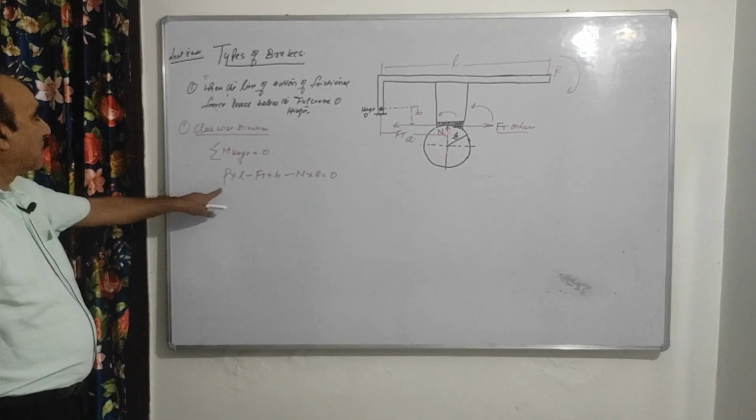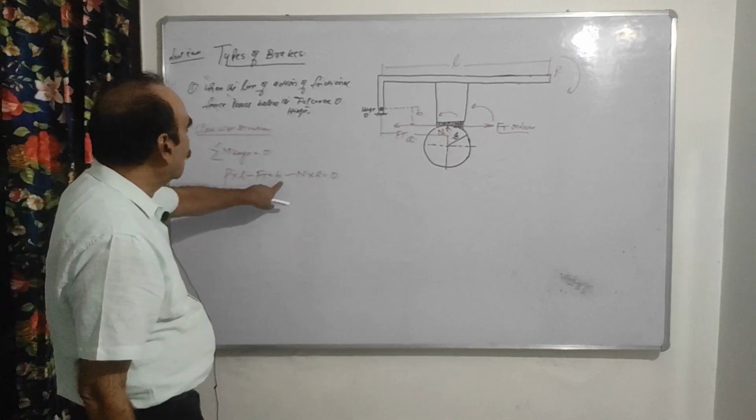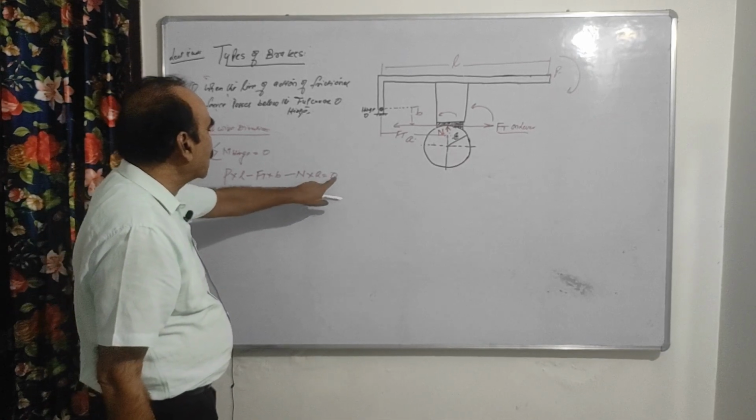Did you understand this? P into L minus Ft into B minus N into A, this is equal to 0.